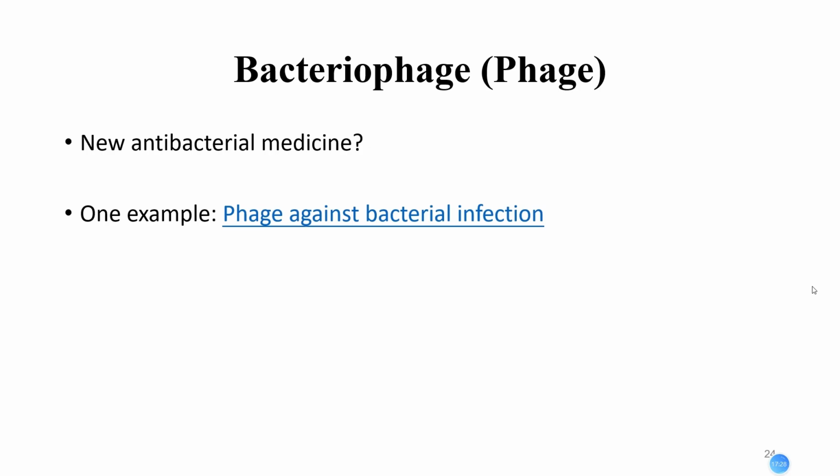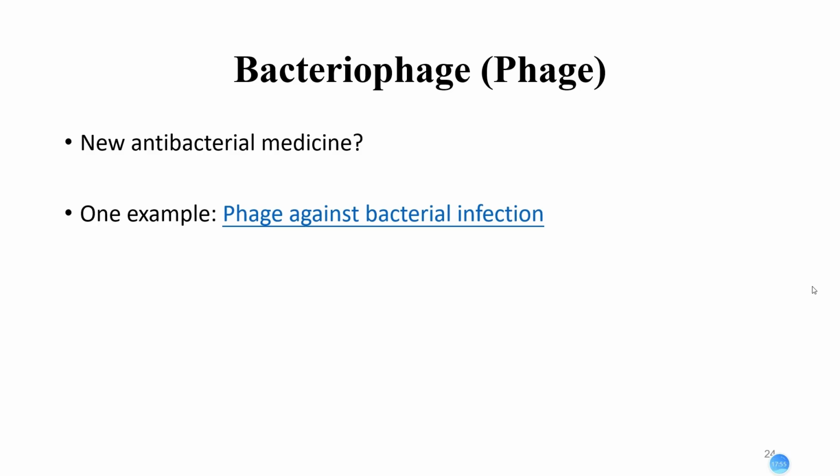Okay, but right now, more and more labs are working on this, but it's not easy because usually you need to use a cocktail of phages. One specific virus is not enough, so you need several phages to work together. And also, there is another problem.